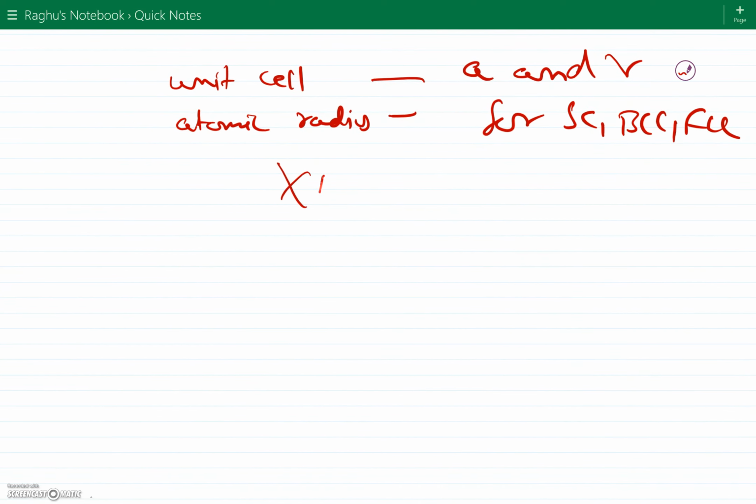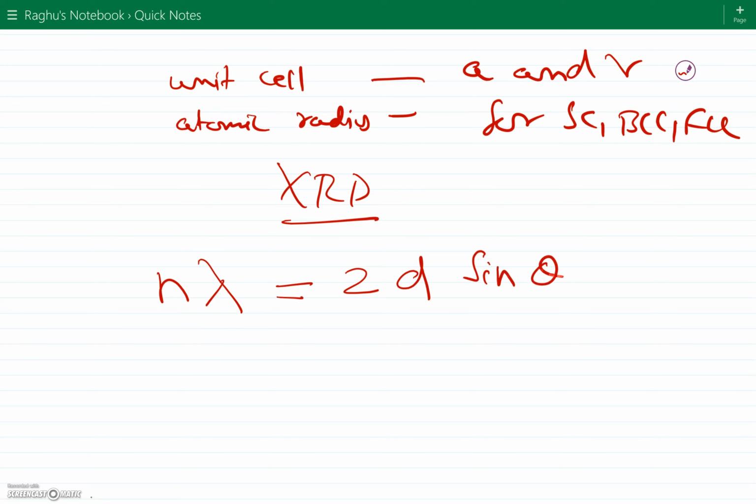Then finally we finish this chapter with XRD, where it follows Bragg's law. I'm not going to go into detail about what it is. You can take a look at the lecture notes. But one of the expressions that we're going to use, Bragg's law, is n lambda equals 2 d sine theta. This n is the order of reflection.